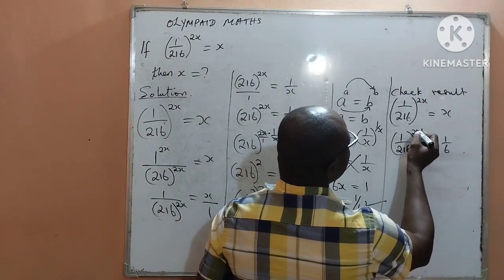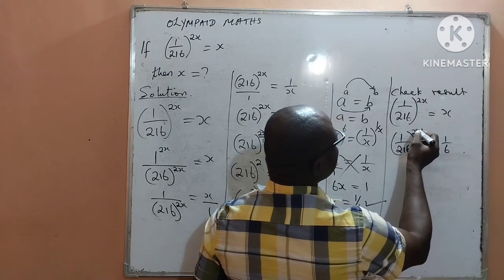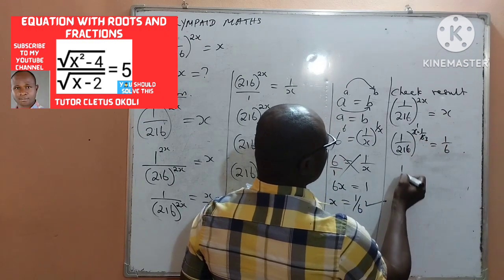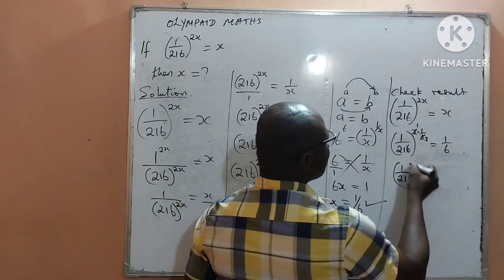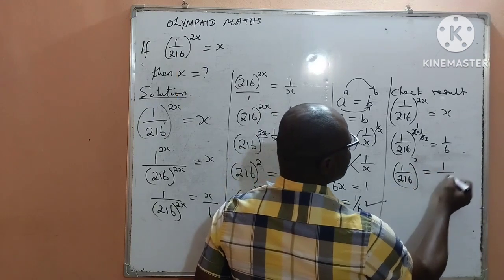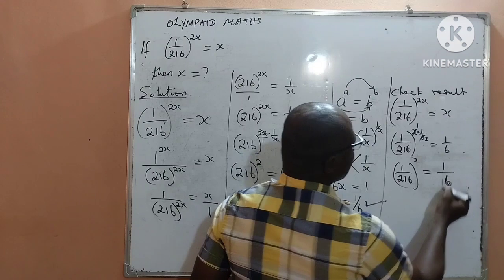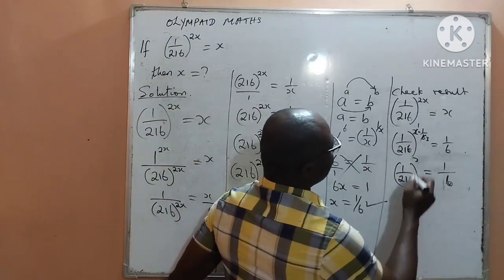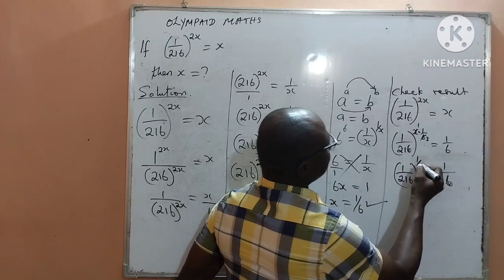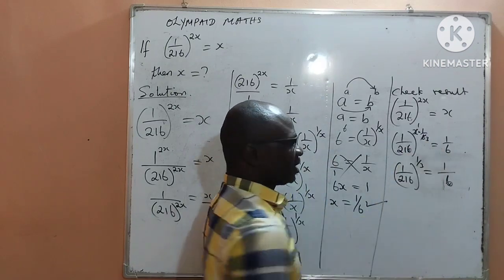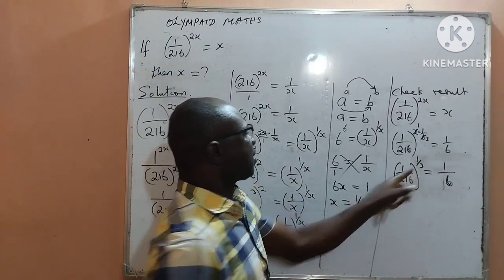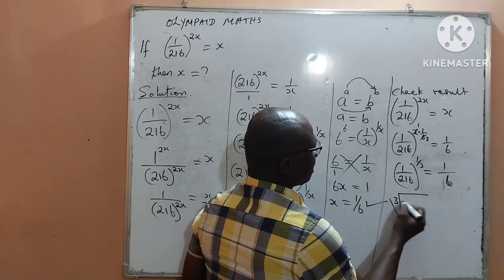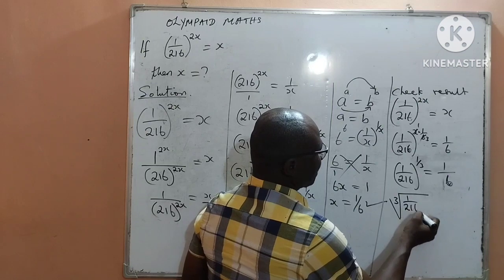Therefore, 2 multiplied by 1 over 6 gives 2 over 6, which is 1 over 3. That means (1/216) raised to the power 1 over 3 should equal 1 over 6. Raising to the power 1 over 3 is the same thing as the cube root of 1 over 216.